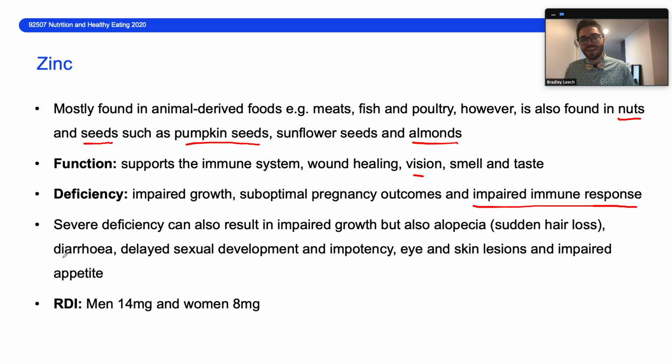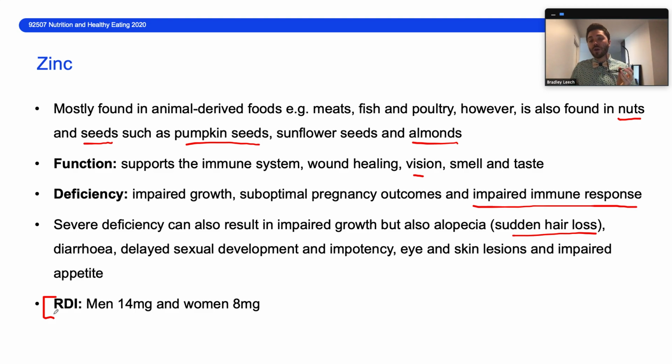Severe deficiency is rare. However, if there is a long period of severe zinc deficiency, you can look at sudden hair loss, diarrhea, delayed sexual development, and so forth. Now, your recommended dietary intake, your RDI for zinc, differs between men and women.